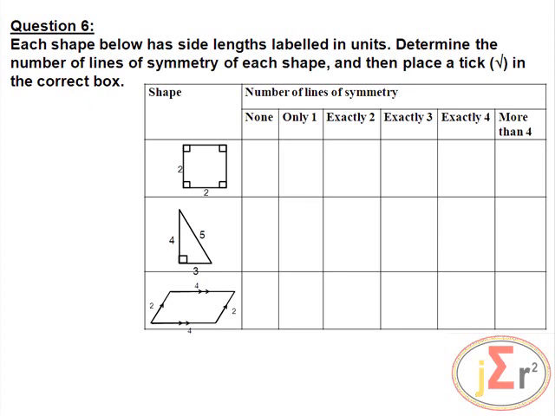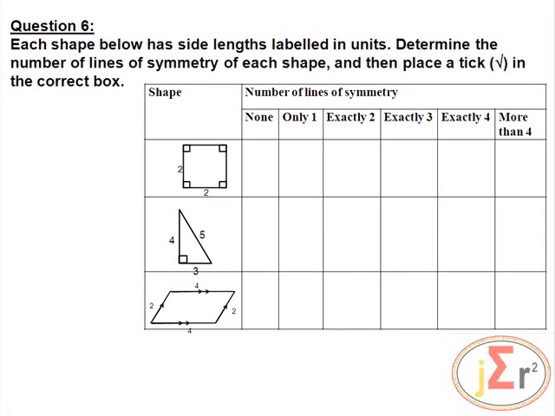So if the object has 10 lines of symmetry, then we have to say that is more than 4, and we will have to put a tick in this box. If there is none, it does not have any line of symmetry, we will place a tick in this box. And if it has exactly 3, we will place a tick in this box.